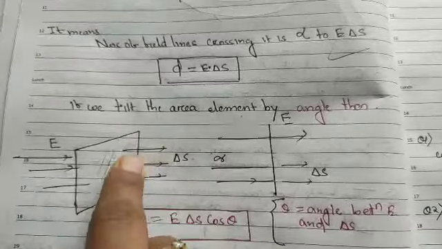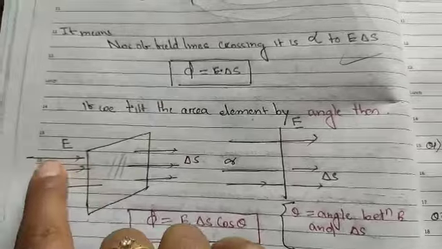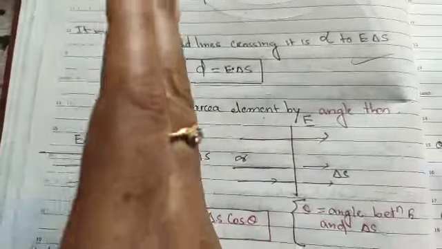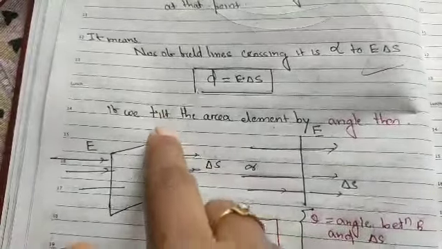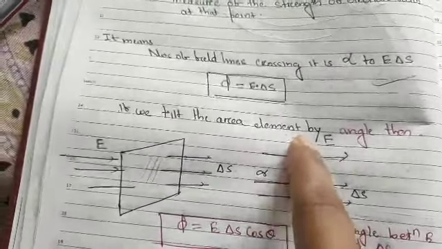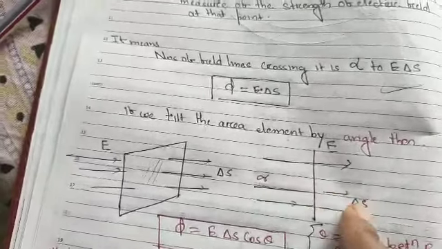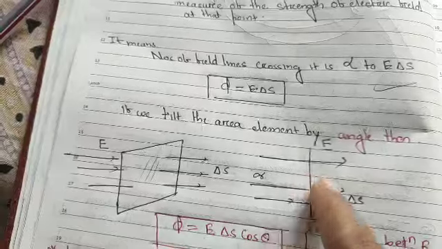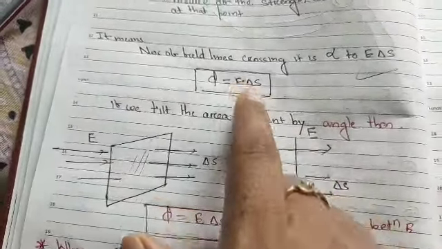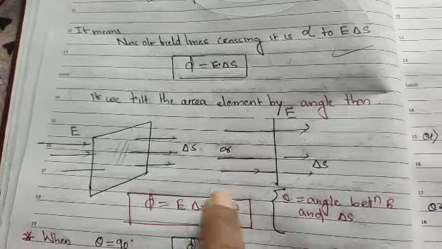Suppose this is a plate, and I have just tilted it, so the electric field lines are crossing the plate like this. So the formula, if we remove the dot product, comes as phi equal to E delta S cos theta.